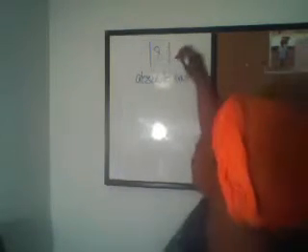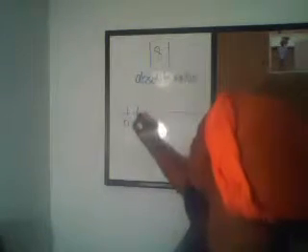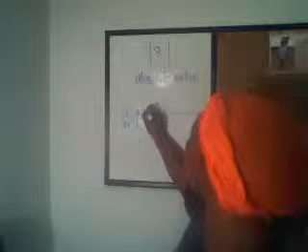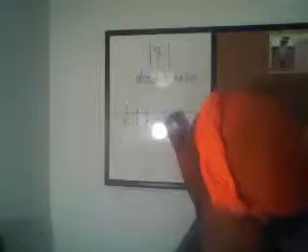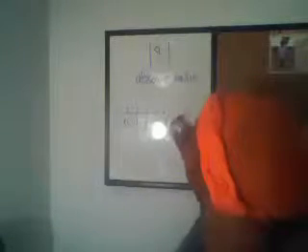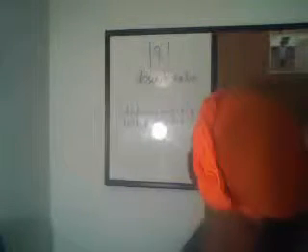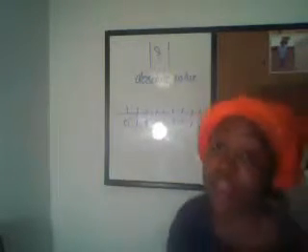So we look at this 8, and we can draw a number line: 0, 1, 2, 3, 4, 5, 6, 7, 8, 9. So I drew a number line from 0 to 9.